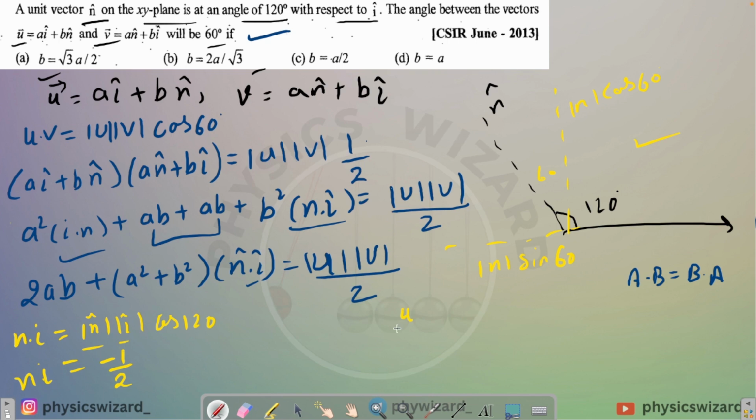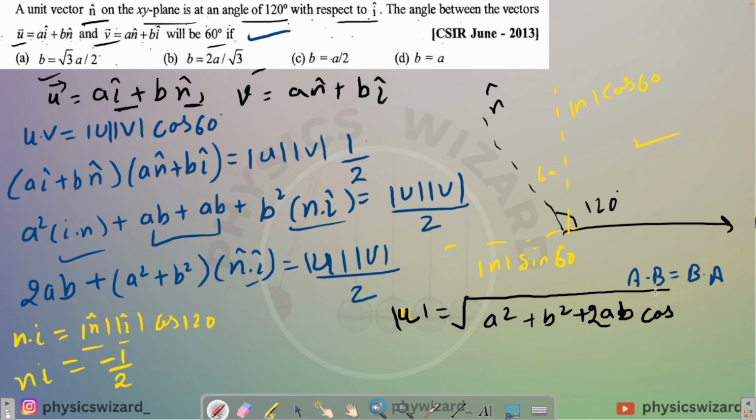Actually, magnitude of u is under root a square plus b square plus 2ab cos, and the angle between here i and n is 120 degree, and we calculated cos 120 is minus 1 by 2. So we get here a square plus b square minus ab.